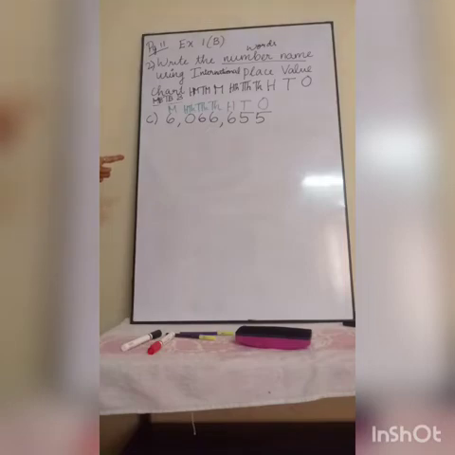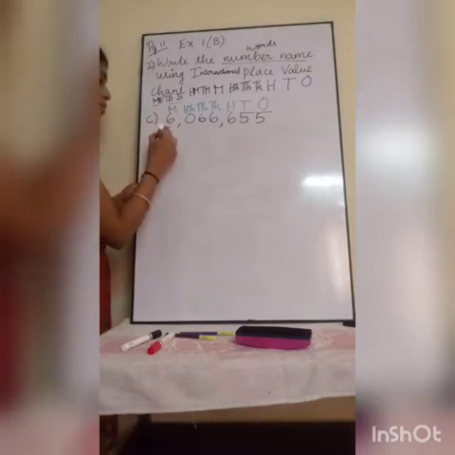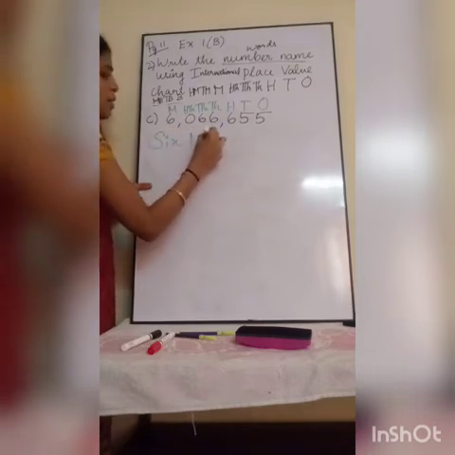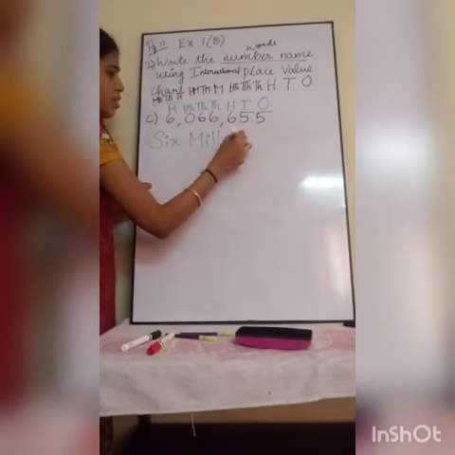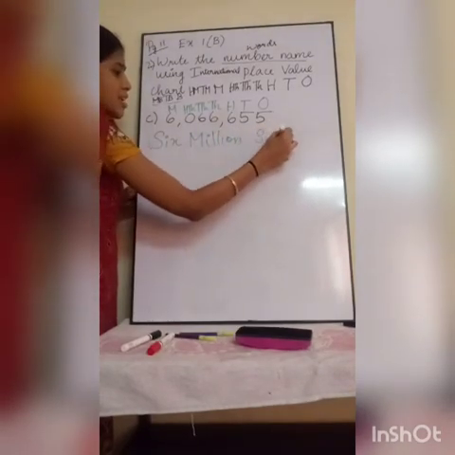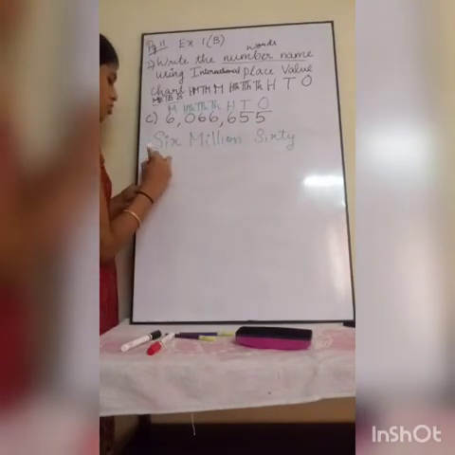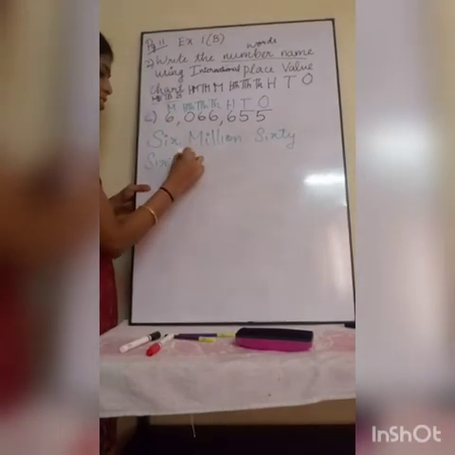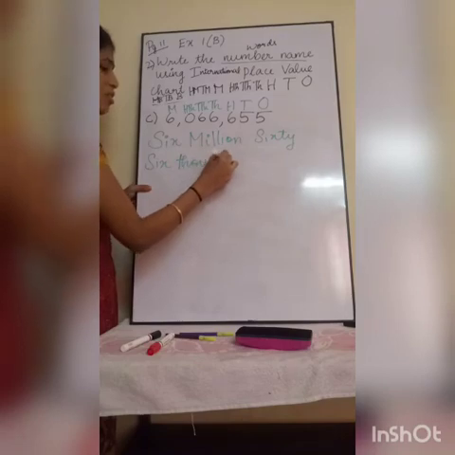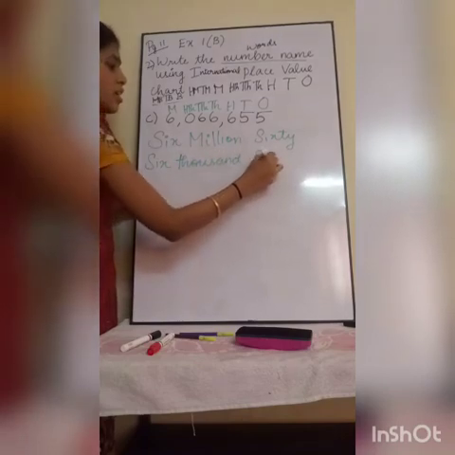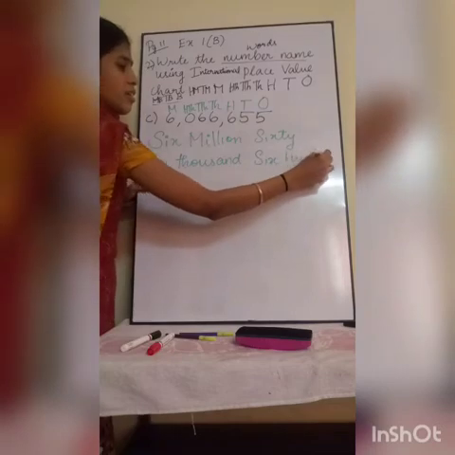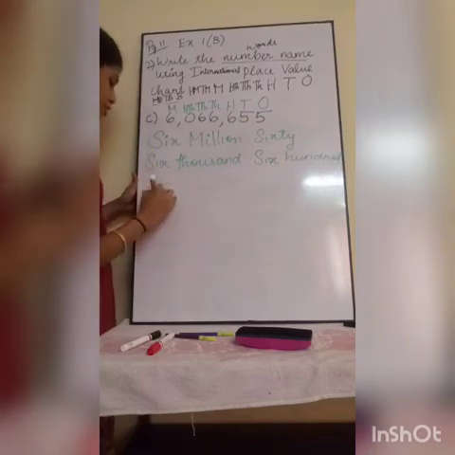Now we have to write the number name. So here I am going to write 6 million 66,000, because here the 100 place is 0, so 66,000, 655.